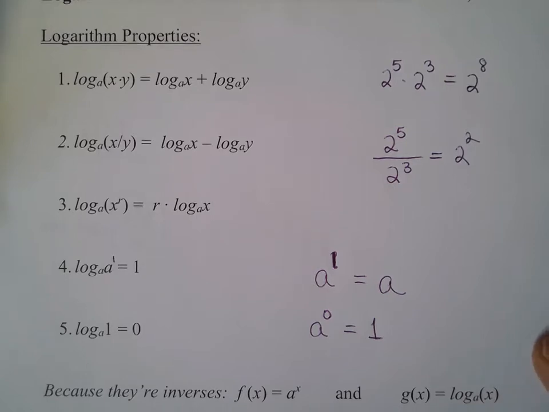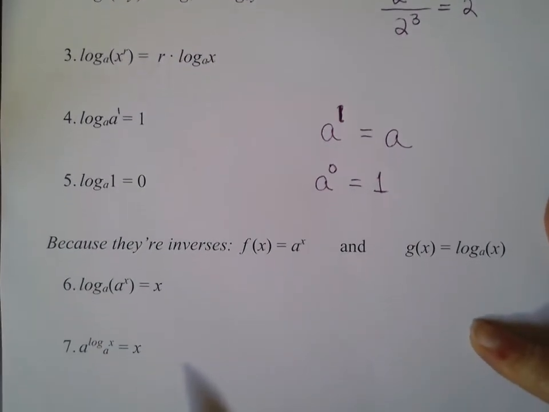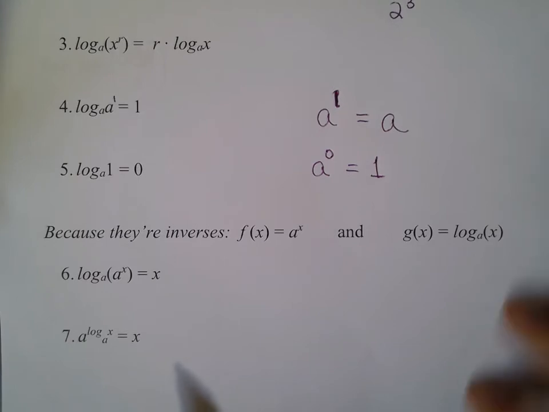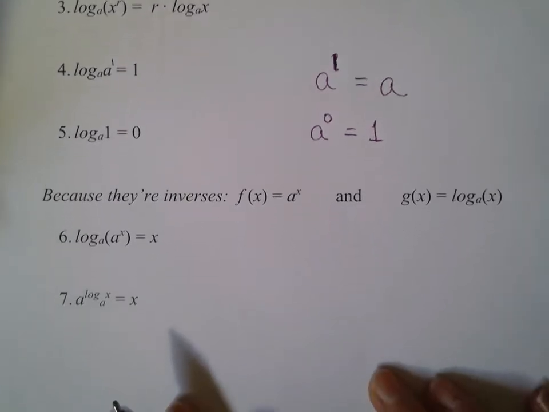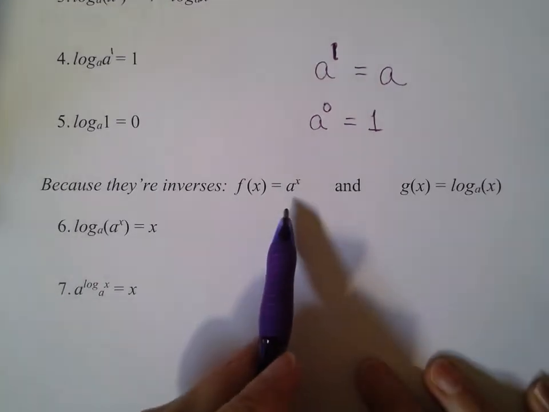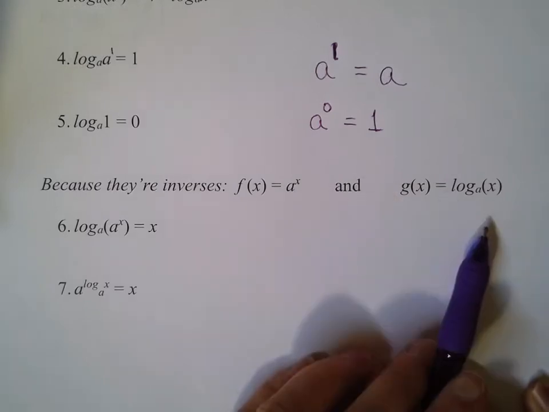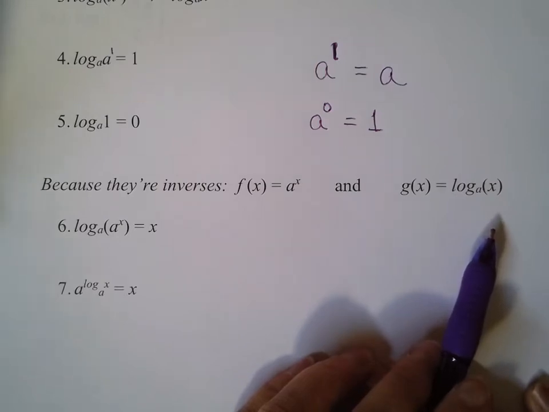The last 2 always look a little bit strange, but they're based on the idea of inverses. Because these 2 functions, a to the x and log base a of x, are inverses of each other, I can compose them together, substitute one into the other, and they should counteract each other and cancel each other out and give me back x.